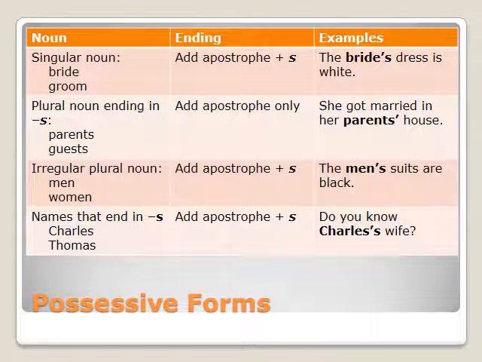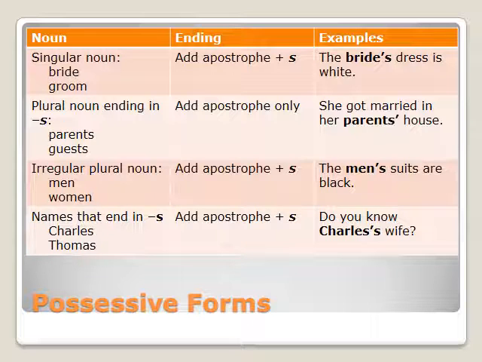All right, so these are the different possessive forms that we need to know. So when we have a singular noun, we're just going to add an apostrophe and an S. So we have the bride's dress is white.